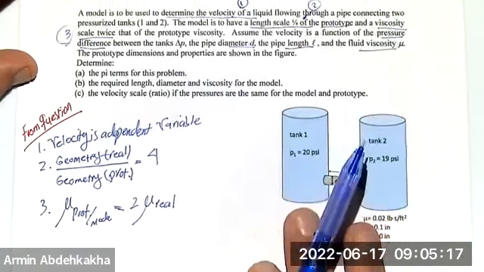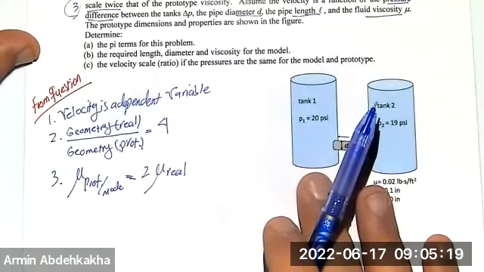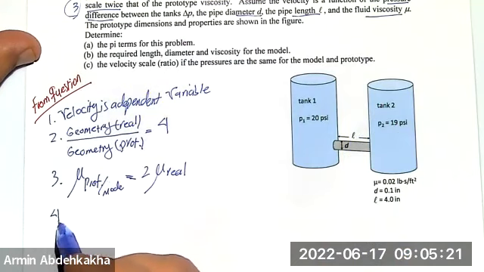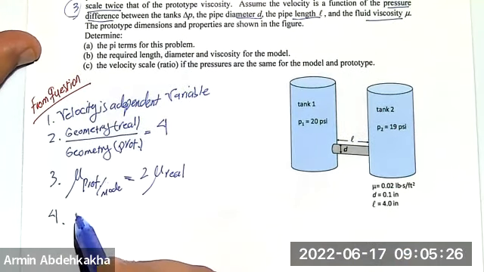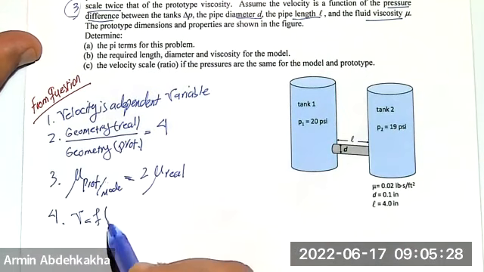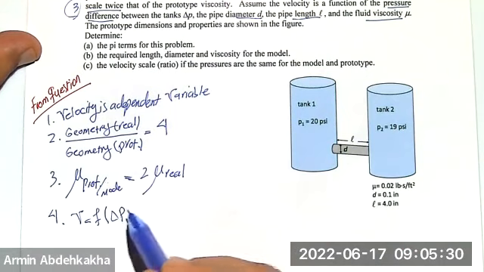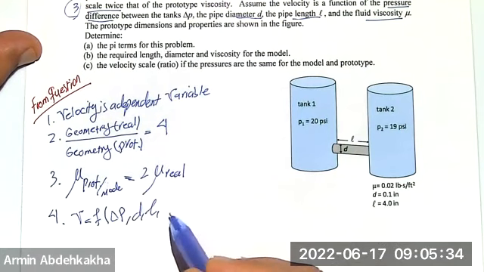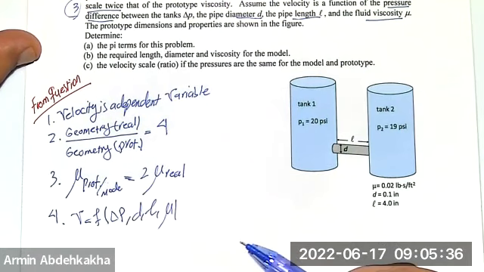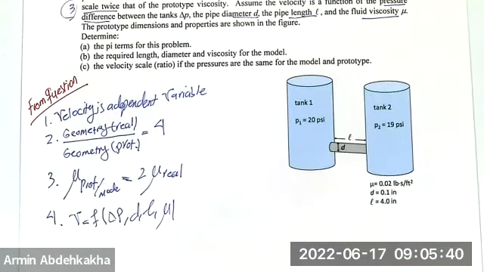Finally, the fourth thing that we know is that V will be a function of delta P, D, L, and mu. These are the four things that we know from the question.